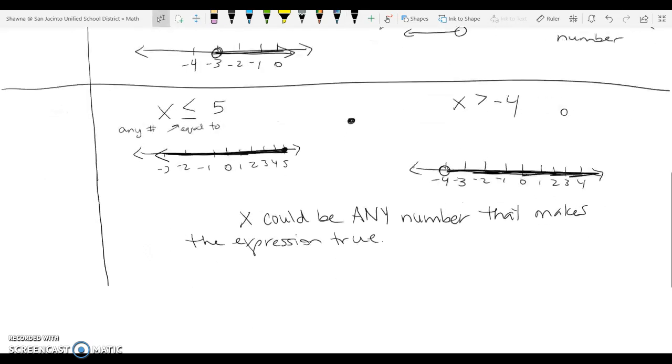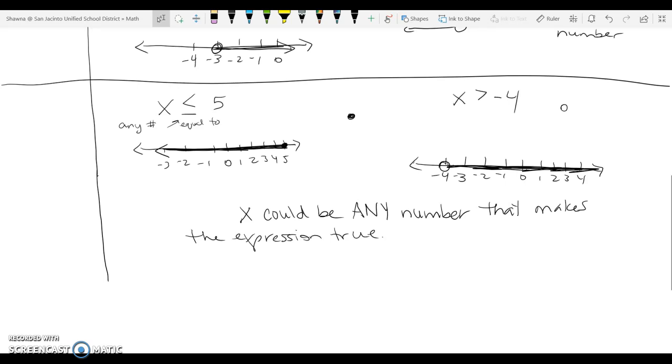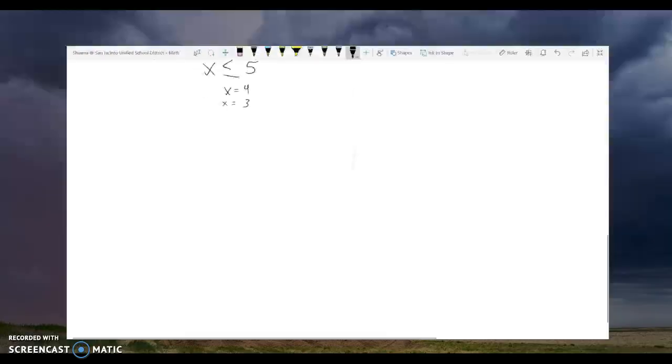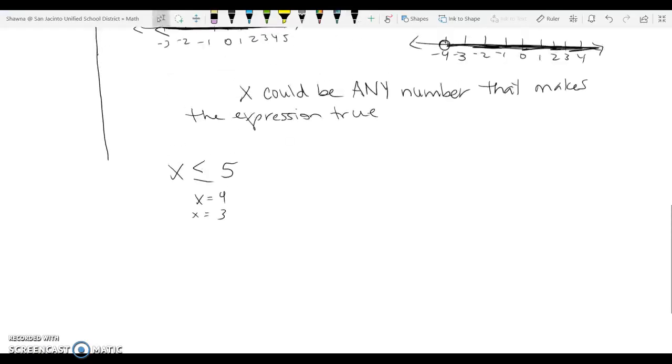Okay, so for instance, for x is less than or equal to 5, x could be 4, could be 3. Oops, sorry, I went too far. X could be -1, okay, because all of those numbers are less than or equal to 5. So x could also be 5.